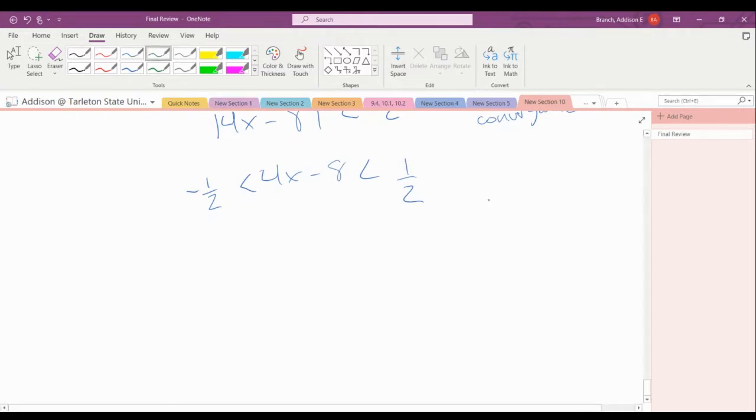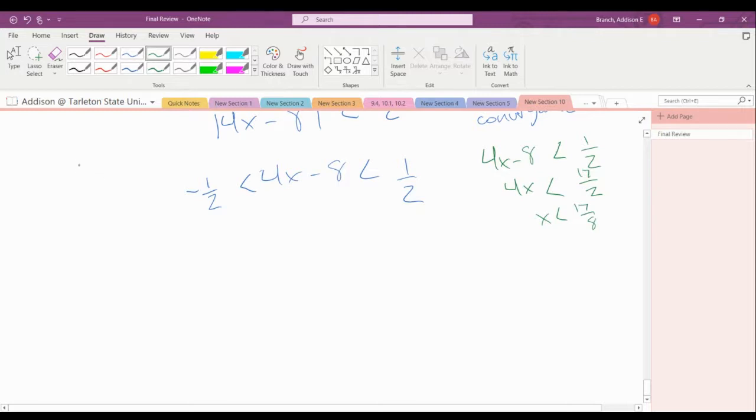So we get 4x minus 8 is less than 1/2. 4x is less than 17 over 2, and then x is less than 17 over 8.